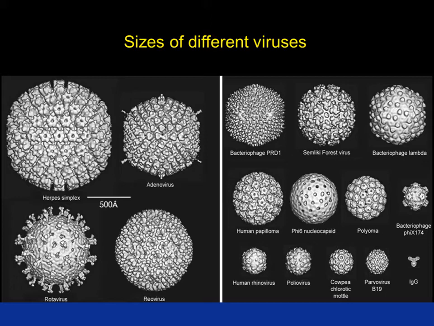And you can see even in this picture the size of the molecule of IgG and the size of the virus, which is relatively a little bit larger than that. However, in between, all those viruses tend to lie in their sizes.